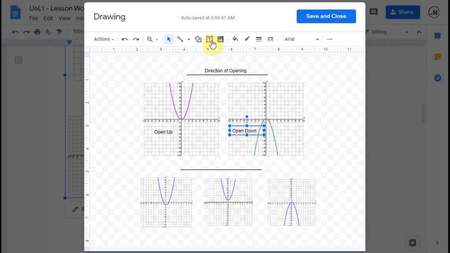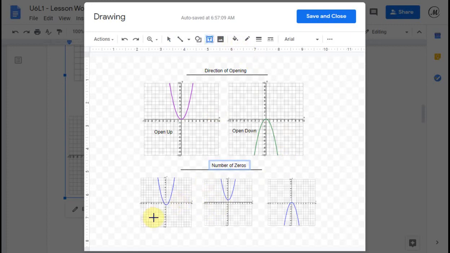Coming down below, here what we're illustrating is the zeros. So I'm going to entitle this number of zeros. And what we want to think about is just how the placement of the parabola and its relation to the x-axis impacts the number of zeros.